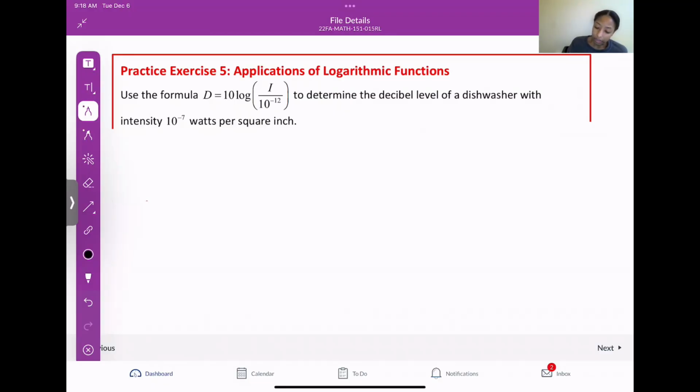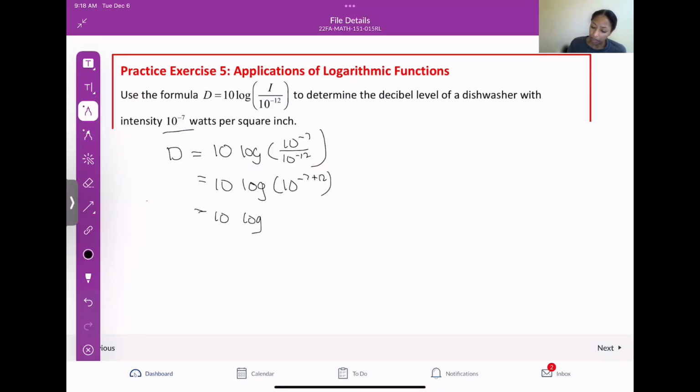So D would be equal to 10 log of, we're told I is 10 to the negative 7, over 10 to the negative 12th. And then we can simplify this. This is 10 log of 10 to the negative 7 minus negative 12, so plus 12. 10 log of 10 to the 5th power.